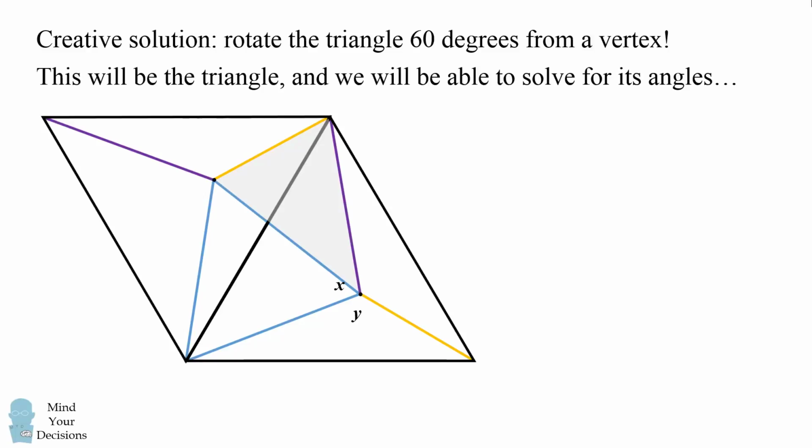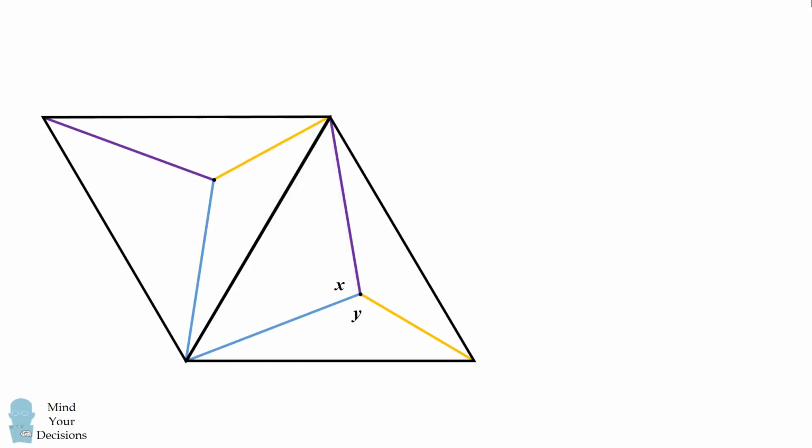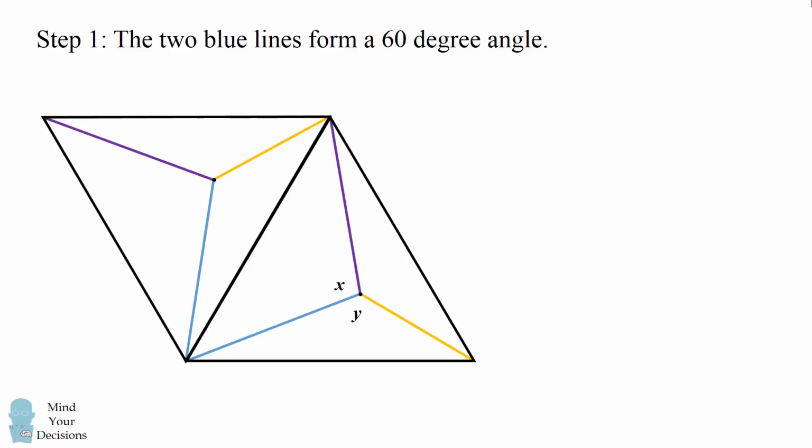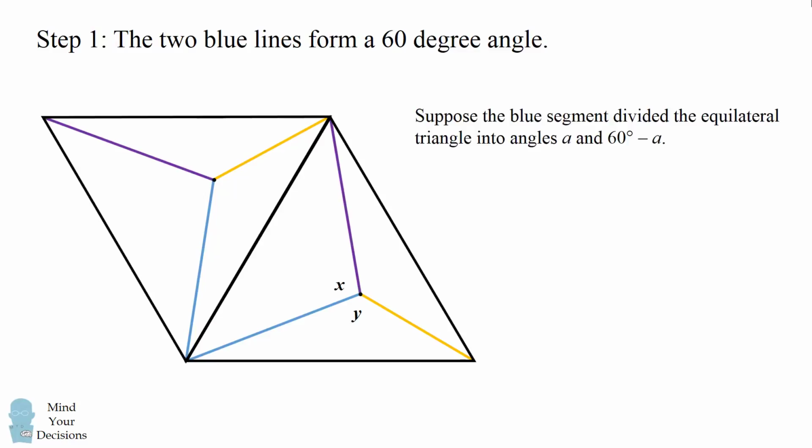Now, how do we know this is the particular triangle we're looking for? So let's work each step out. The first step is that the two blue lines form a 60-degree angle. This is because the triangle was rotated 60 degrees. But just to be sure we know this is a 60-degree angle, let's figure it out.